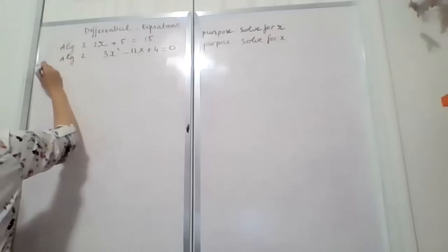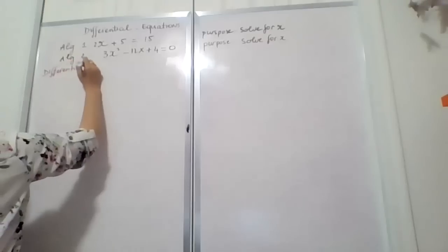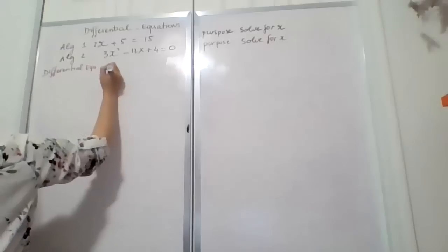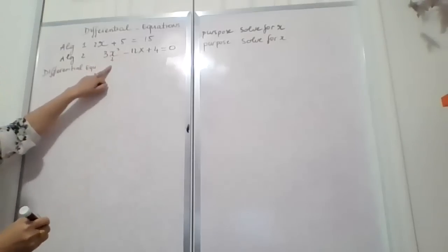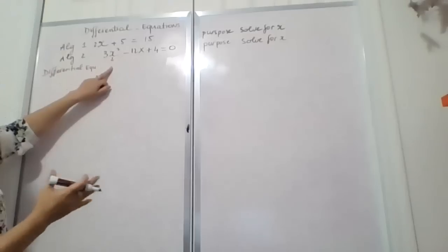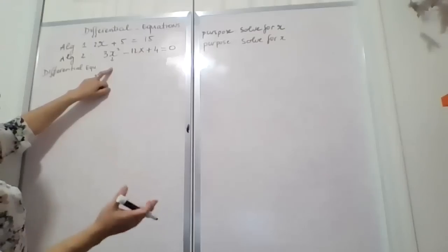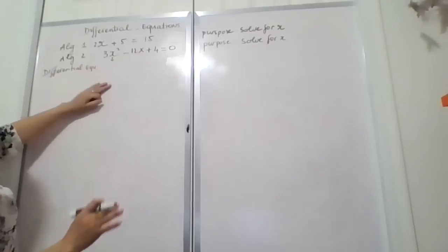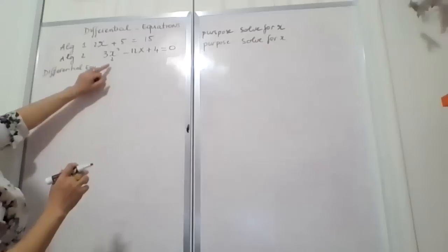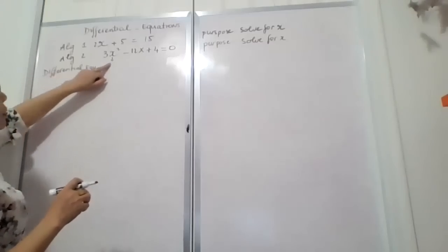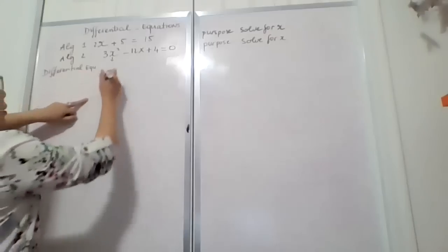Now we progress to differential equations. In algebra, x squared is just a regular number: if we solve, we get x equals 6 or minus 8 or minus 17, whatever. But in a differential equation, it's no longer just a number value.